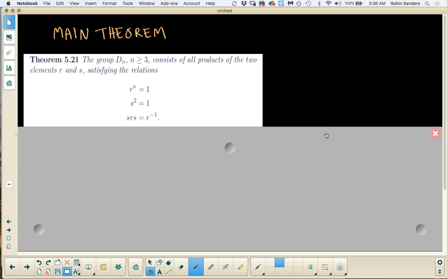theorem from the textbook. And it says that any of our dihedral groups consists of all products of two elements R and S that satisfy these relations.